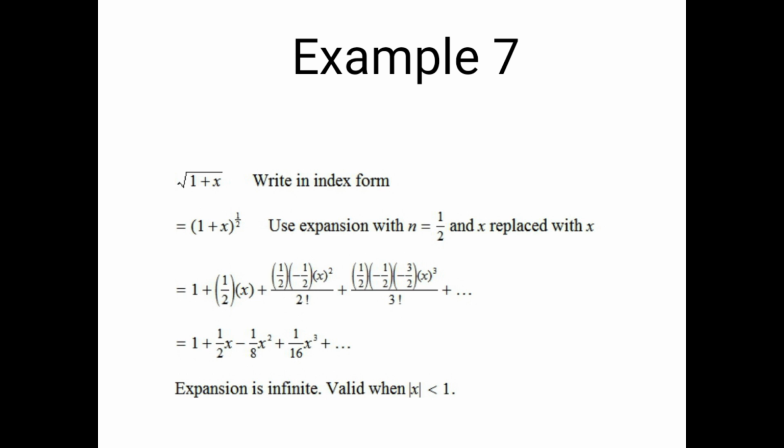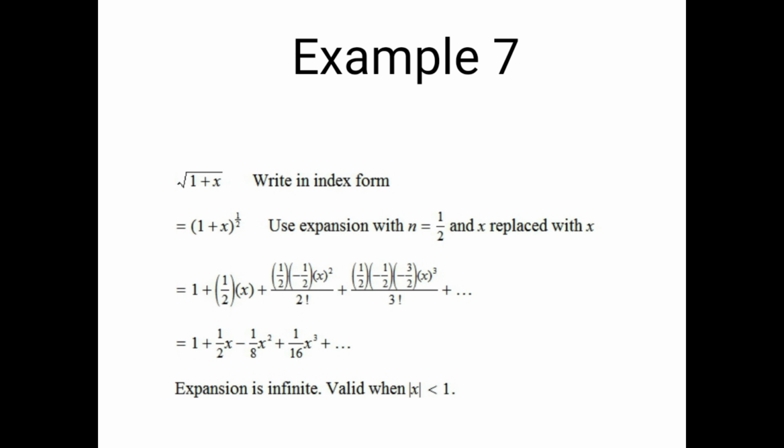So we substitute, and we have 1 plus 1 over 2 x plus 1 over 2 times minus 1 over 2 times x squared over 2 factorial plus half times minus half times minus 3 over 2 times x to the power 3 over 3 factorial, plus infinity.